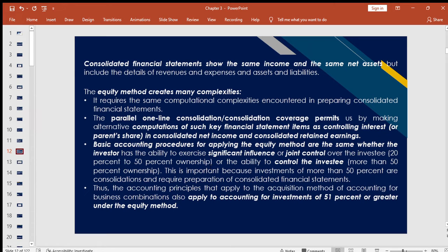However, when the investor's interest is 50% above or more than 50%, this requires preparation of consolidated financial statements.